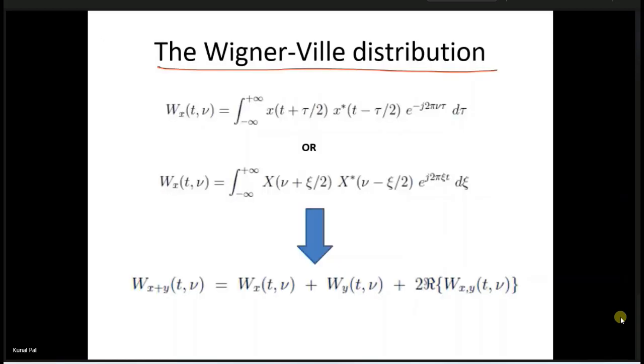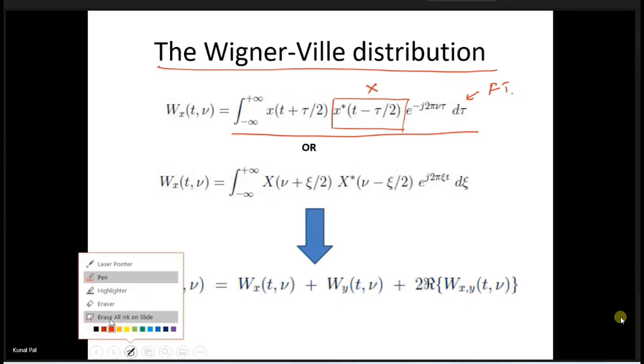Now the next topic is the Wigner-Wheeler distribution. In the Wigner-Wheeler distribution, if you see this equation, there are two x parts, and if you remove one of these x components, the signal component, then it looks something like the Fourier transform.